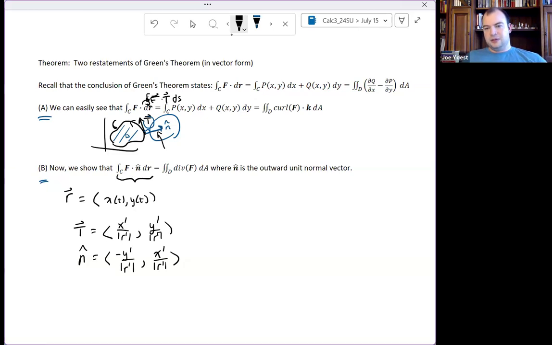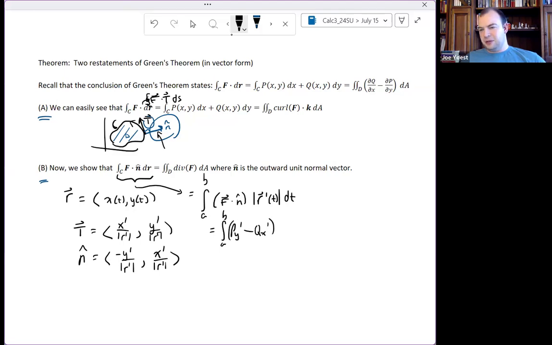Then the line integral of F dot n dr is the integral a to b of F dot n times length r prime dt, and this is the integral a to b of P y prime minus Q x prime. Again, I'm skipping a lot of the explanation here because we're about out of time. We are out of time now.